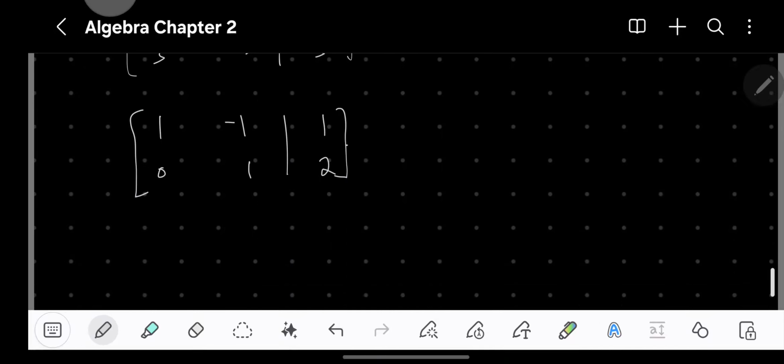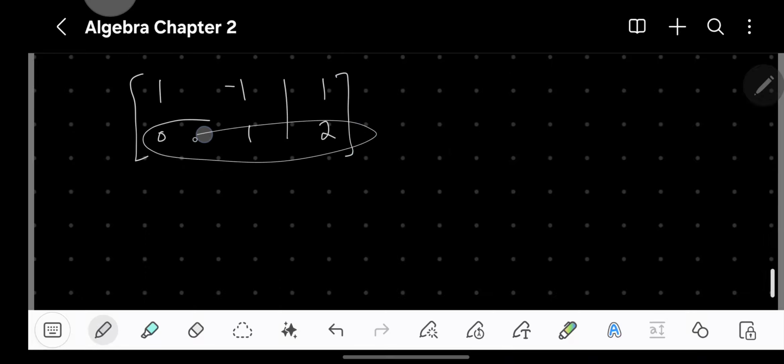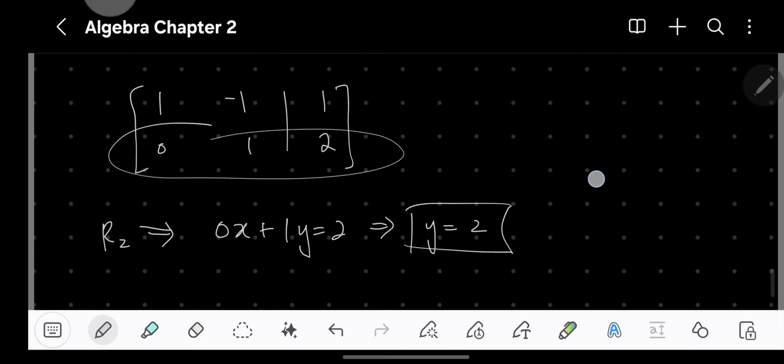Now I can easily find the values of x and y from the last row. You can check this variable corresponds to x and this variable corresponds to y. So from the last row, from R2, I can check 0 times x plus 1 times y is 2, which means y is equal to 2.